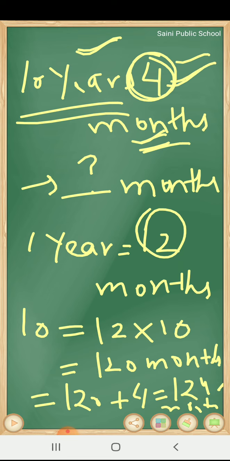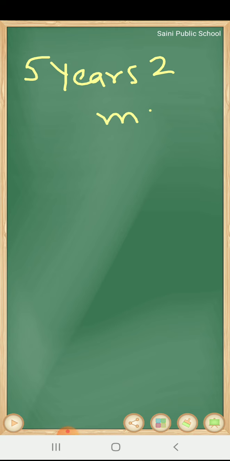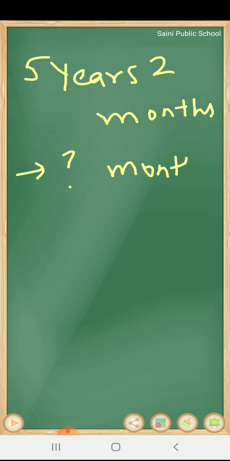Okay. Now, let us discuss one more example. Suppose we want to convert 5 years 2 months into months. How many months are there? Now 1 year is equal to 12 months.